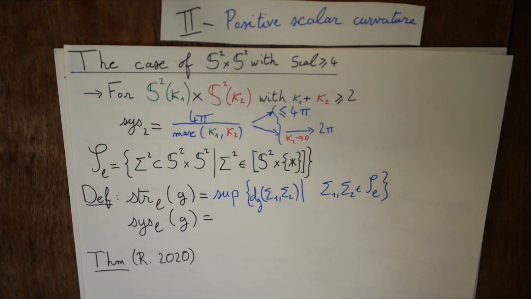So I take two surfaces inside the homology class of the first factor, and I try to make them as far apart as possible, which would amount to stretching the manifold as much as one wants.